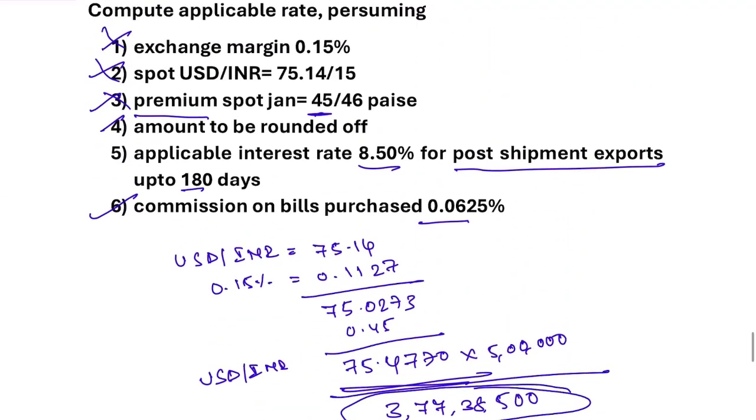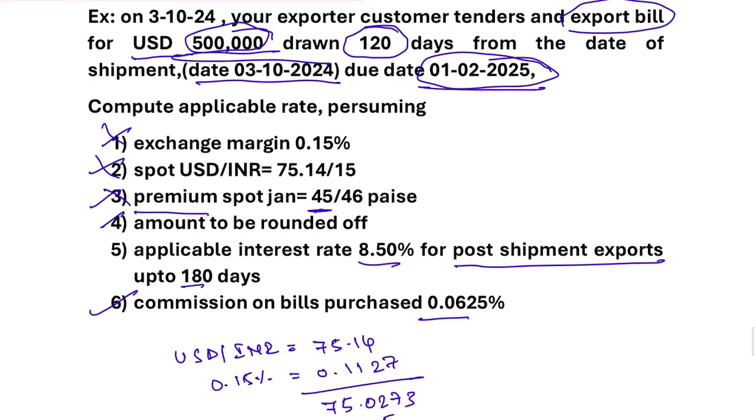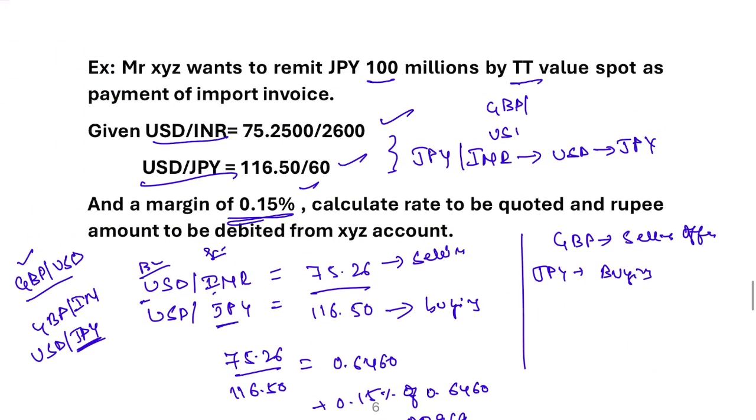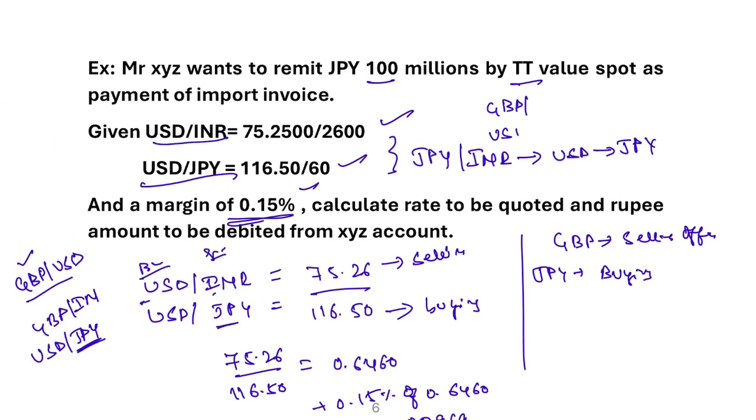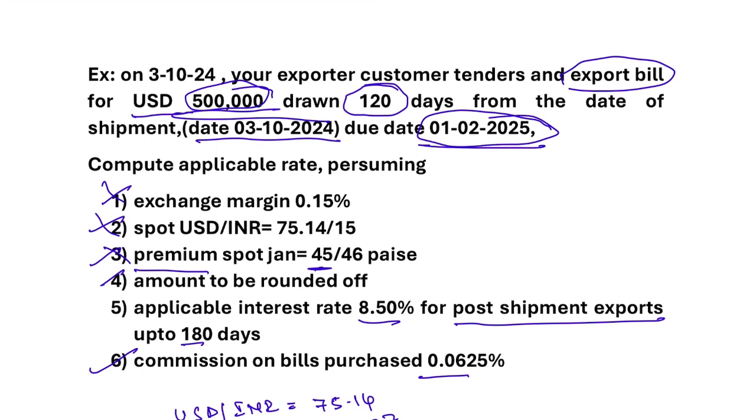Actually it seems very lengthy and very difficult, but nothing is there. He is having an export bill. In the previous examples all the people were having import invoice or import bills, but here he is having an export bill, means he is having foreign currency. See, he wants to sell to the bank, so the bank considers the buying rate.